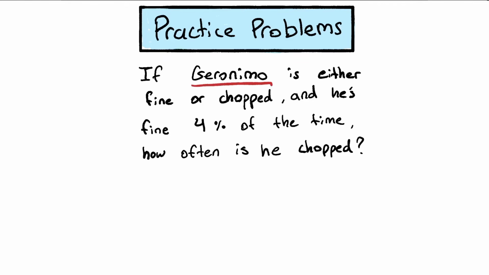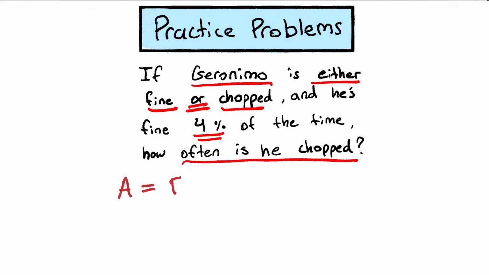If Geronimo is either fine or chopped, and he's fine 4% of the time, how often is he chopped? Well, let's say A is the event that he's fine, and then A complement is the event that he's not fine. And in this case, all Geronimo can be is either fine or chopped.